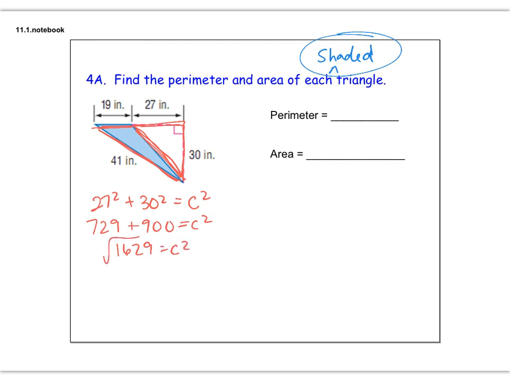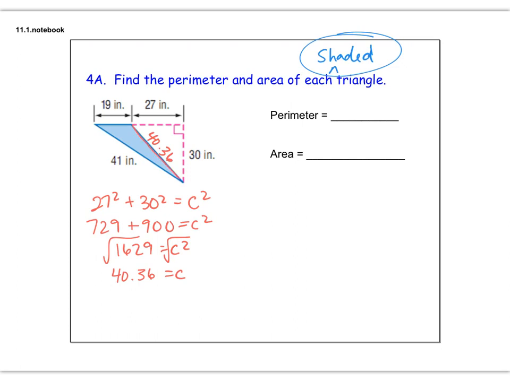And if we take the square root of that, it's not a very nice number. It's about 40.36 is c. So on our picture, this distance right here is 40.36.